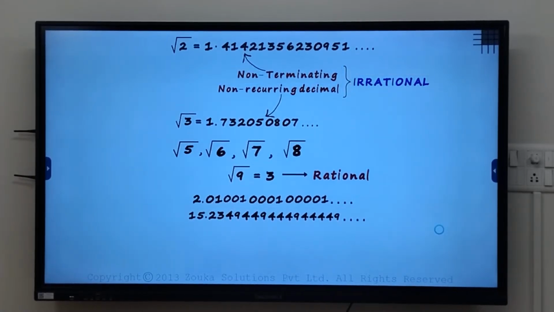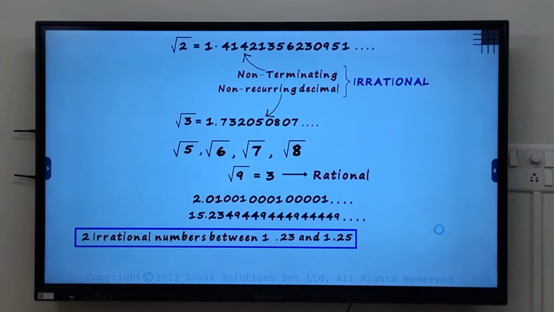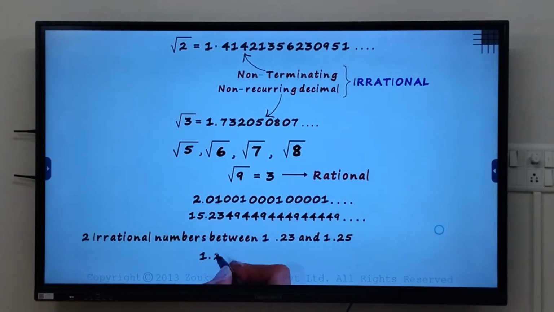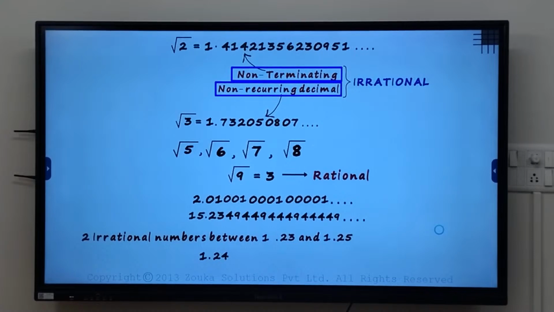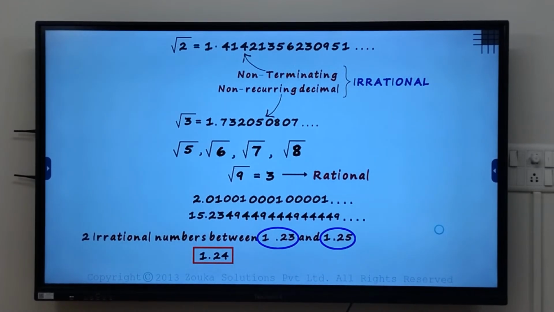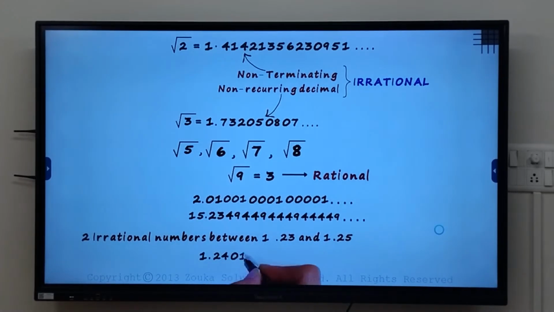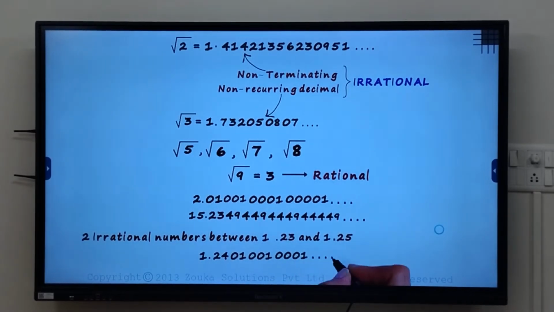Where does this concept help us? Say you're asked to find 2 irrational numbers between 1.23 and 1.25. Remember, 1.24 is incorrect as it's terminating. We need a non-terminating, non-recurring decimal. Yes, we know that 1.24 is between these 2 numbers. After 1.24, we can start writing 01, 001, 0001, and so on.